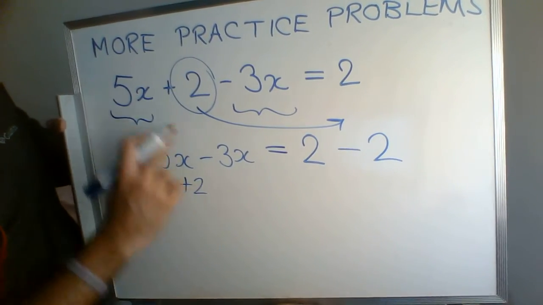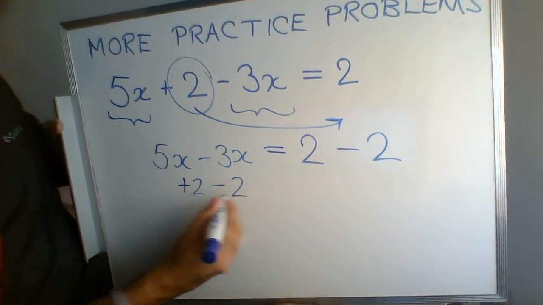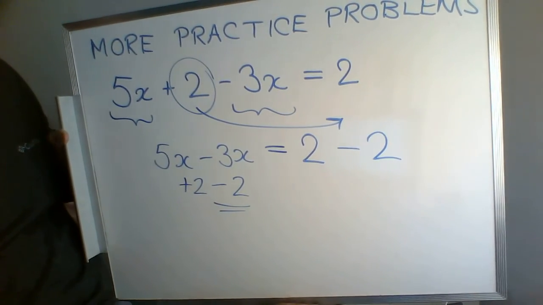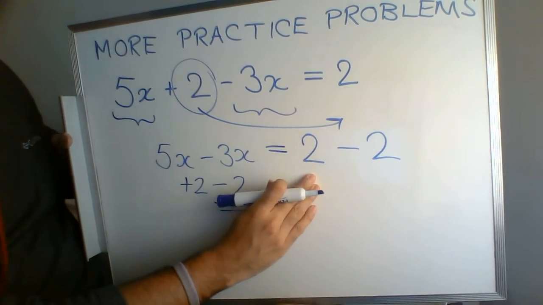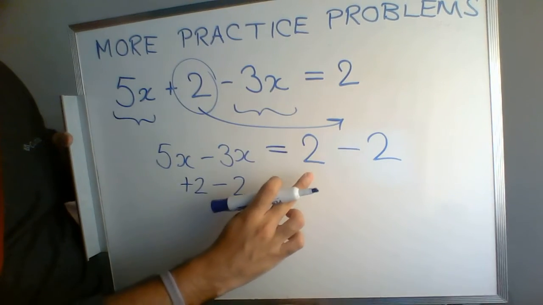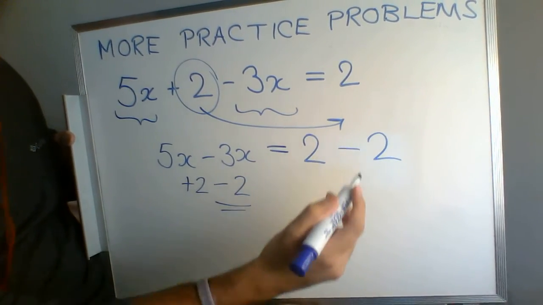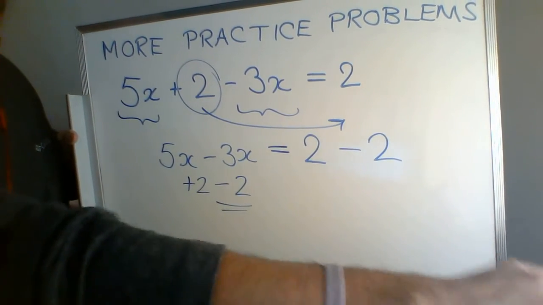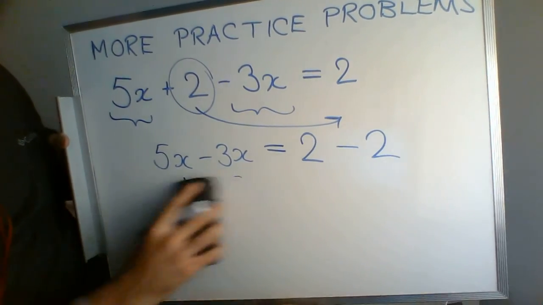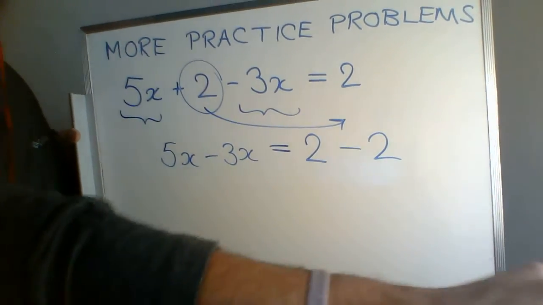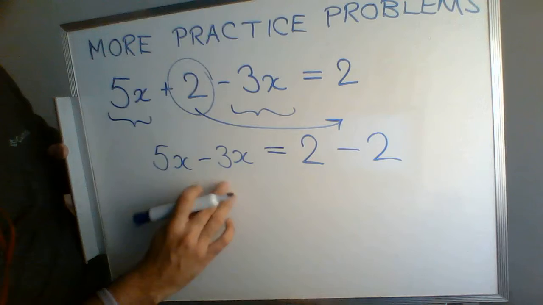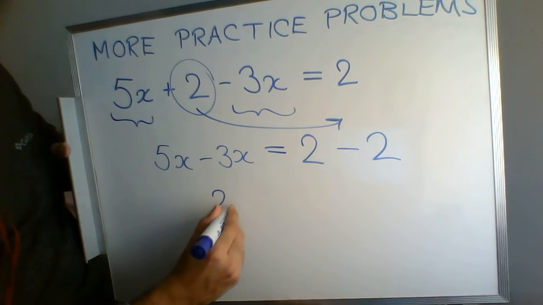We originally had this plus 2. But now what we've done is we've subtracted that 2 from the left side, which means that from the right side, which used to have just a 2, we've now had to subtract 2 from that as well. So that's why we've got 2 minus 2 on the right side. Now on the left side, 5x minus 3x is going to leave us with 2x, right?